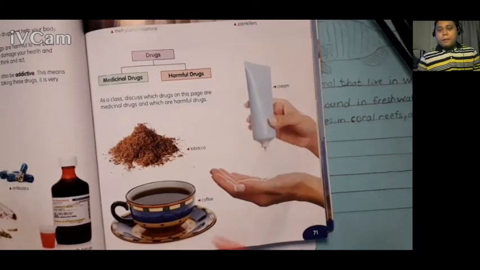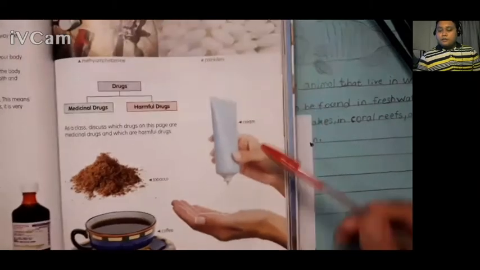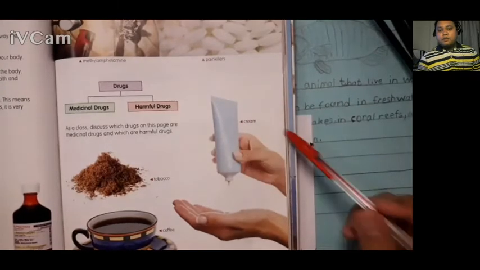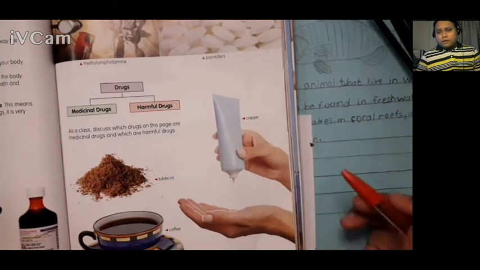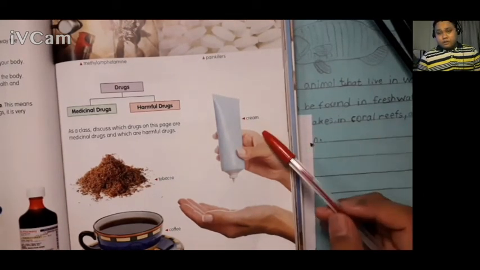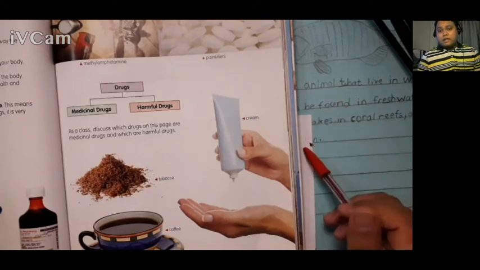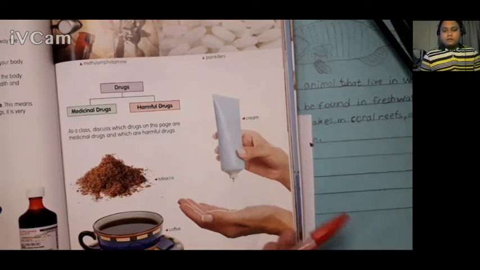It gives you a boost of extra energy. We have also cream. We use this to treat skin diseases. Okay, moving on.